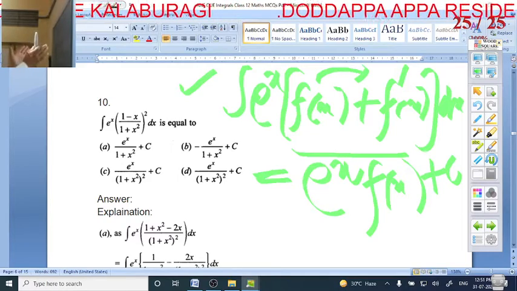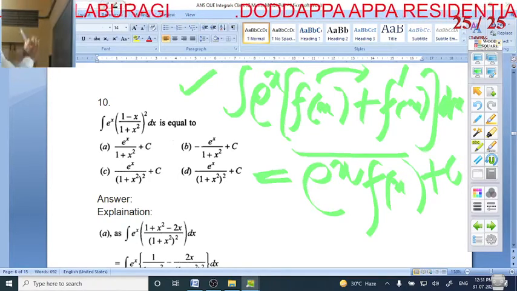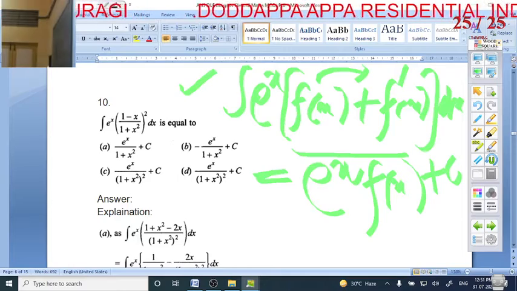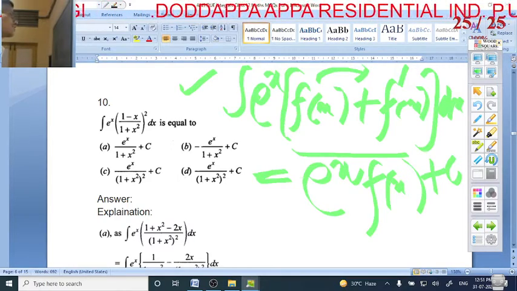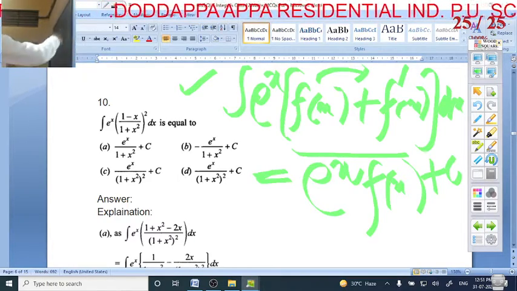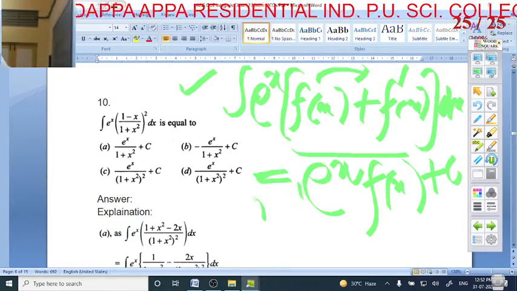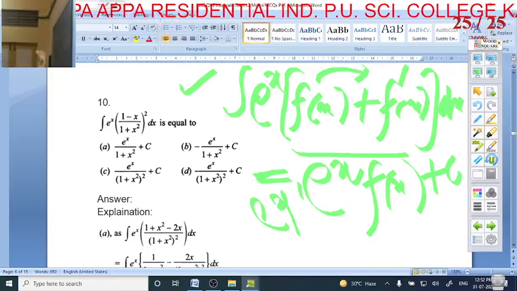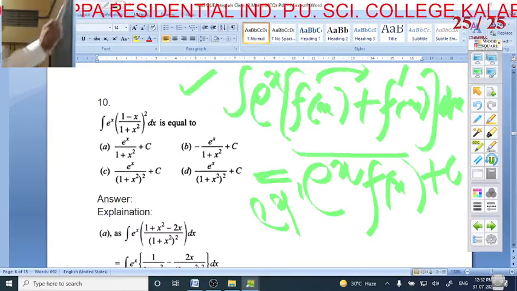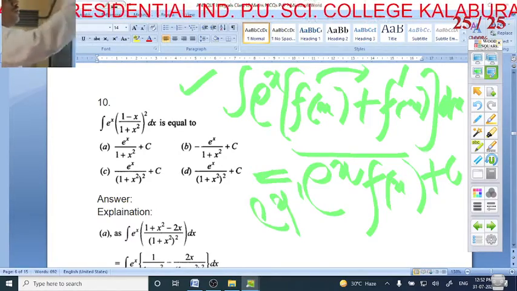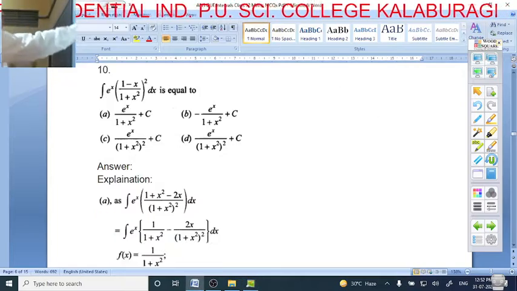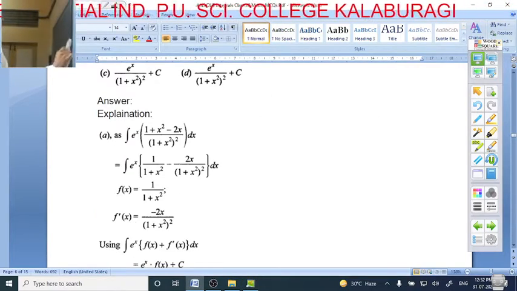In the example, these quantities are not directly given, so we have to understand that because of the e to the power x, this formula is used to solve the example.